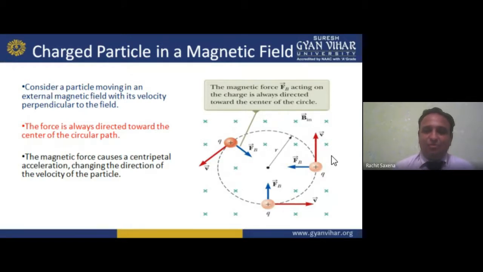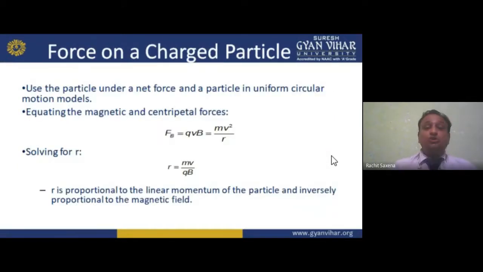Okay, now moving forward. If I'm talking about the force on a charged particle, I want to identify the expression for the force. Now use the particle under a net force and a particle in uniform circular motion models.